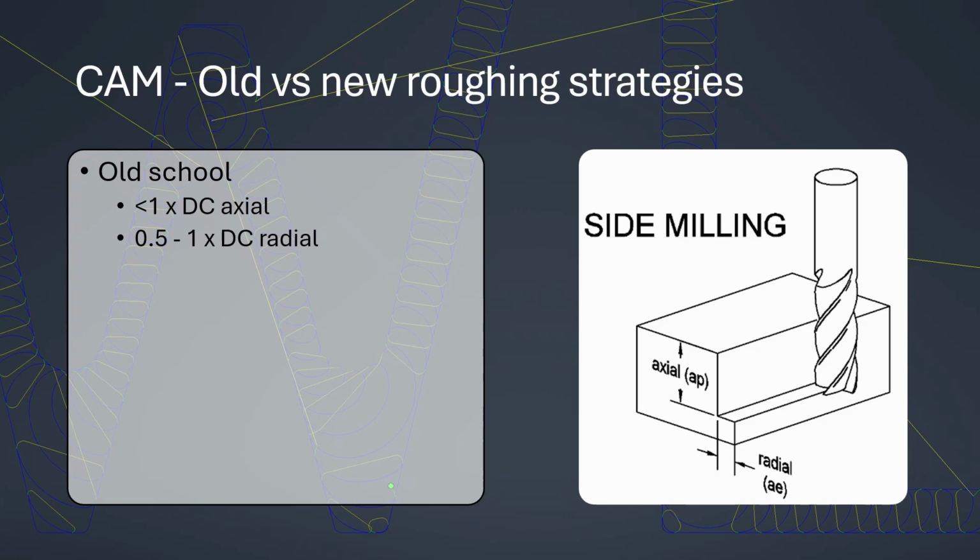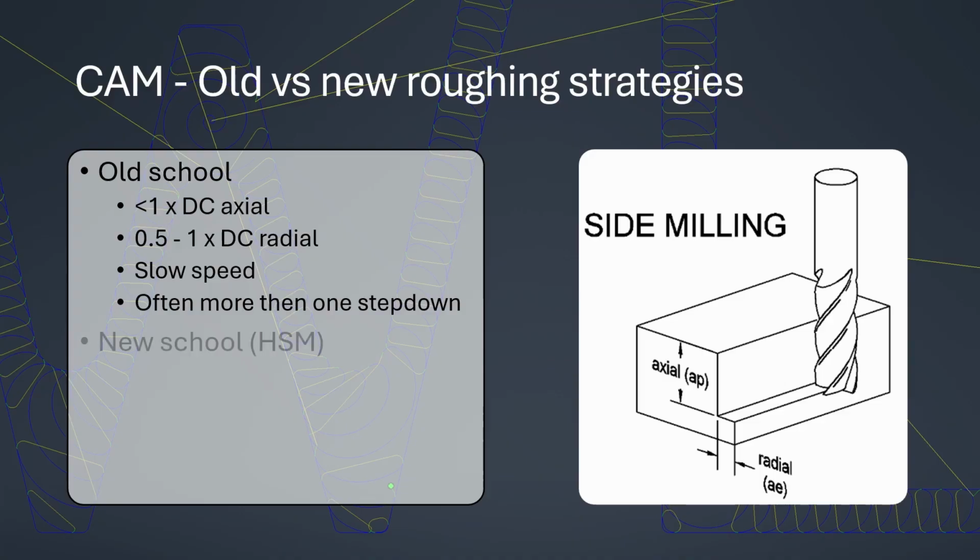You're usually going fairly wide in radial, like half or 1 times the diameter of the tool. You're going fairly slowly, and you're often doing more than 1 step down. Especially for deep pockets, you have to do lots of axial step downs.